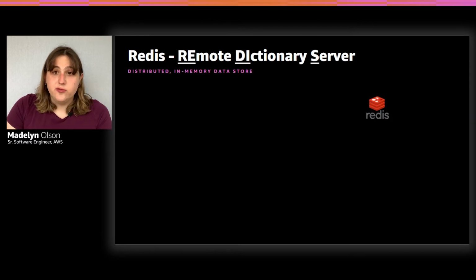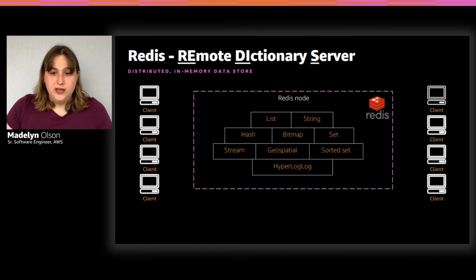Redis stands for Remote Dictionary Server. What that means is Redis is basically a server on top of a bunch of APIs to get data out of a dictionary. It allows for low latency and high throughput access to a very rich set of key-value pairs. In Redis, most people just think about strings, which are simple key-value stores.